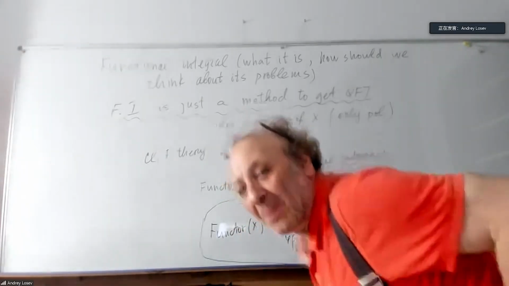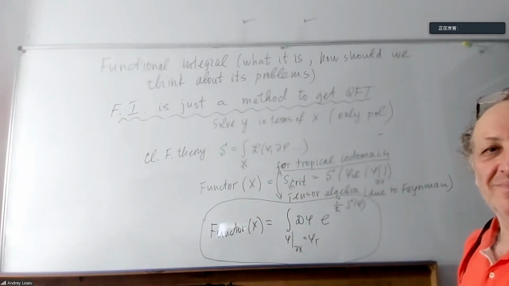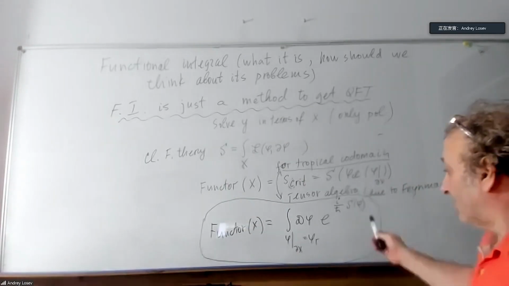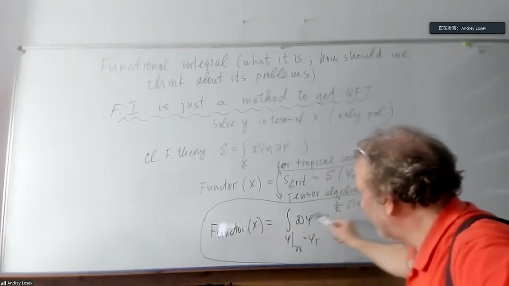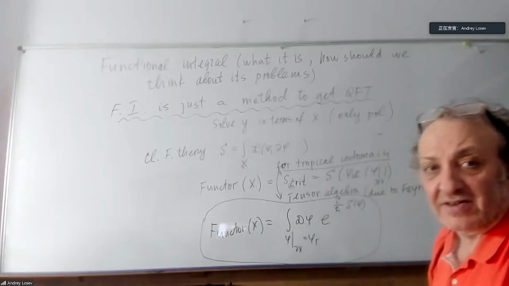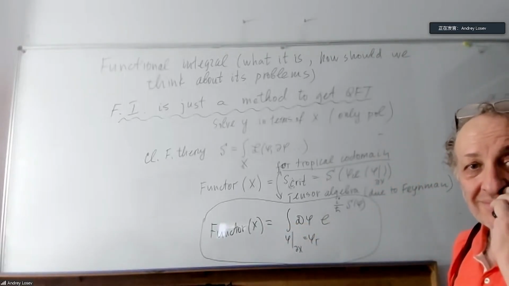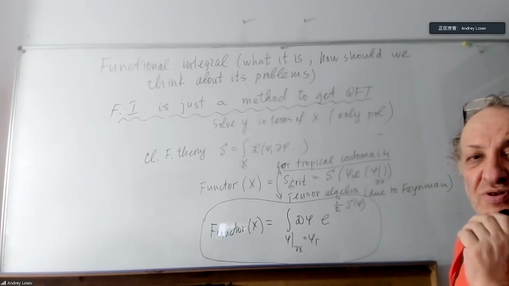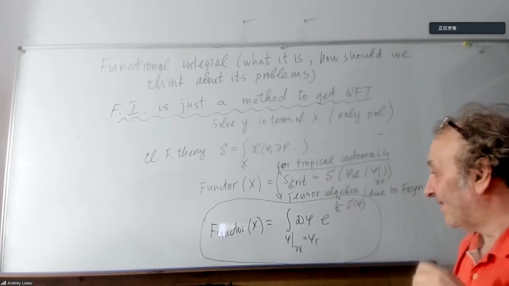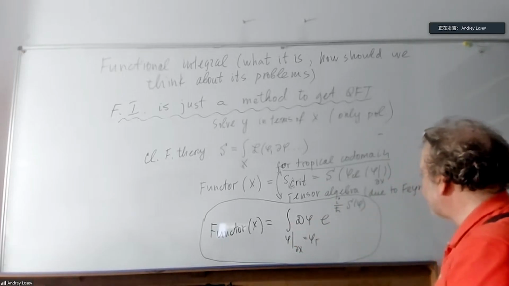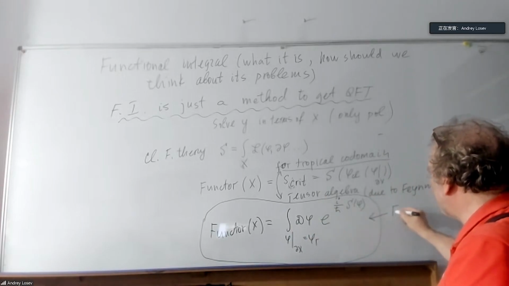For some other people, they say that this is the main thing that we are studying, and it just happens that it is a functor. But I insist on my interpretation. That functor, according to Feynman, is this. So this is a Feynman definition.